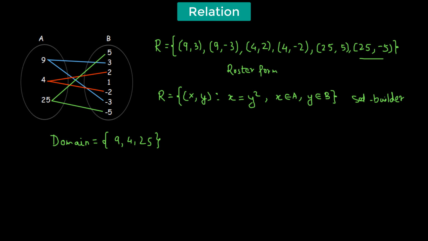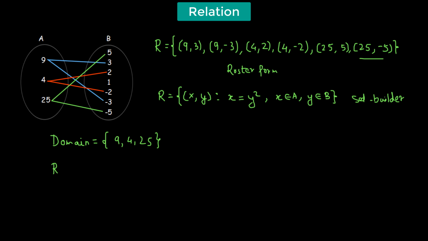Even without looking at the roster form, we can quickly determine the domain by looking at this graphical representation. We see that 9, 4 and 25 have participated in forming a relationship with the elements of set B. All the elements from set A that participate are going to be the domain of the relation.